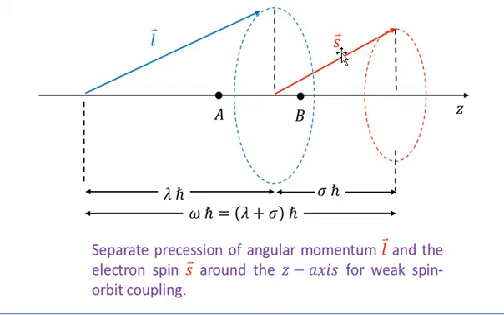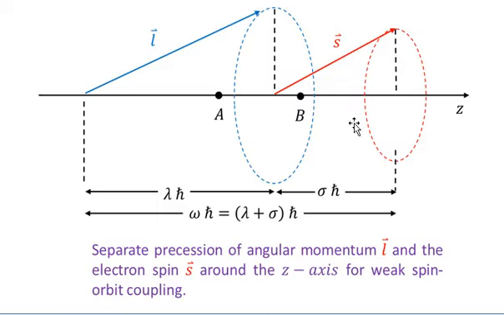And I have the spin angular momentum S. The z component of the spin angular momentum, Sz, is equal to sigma times h bar. So these two projections will add up by the head to tail rule according to the figure shown here, because L and S are not coupling.